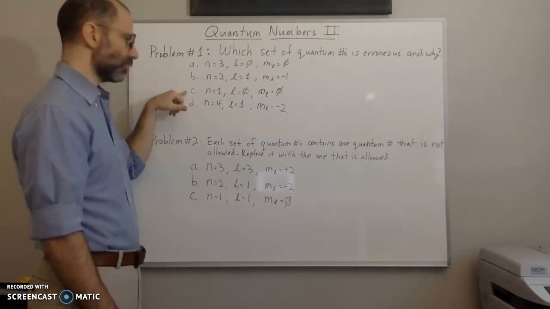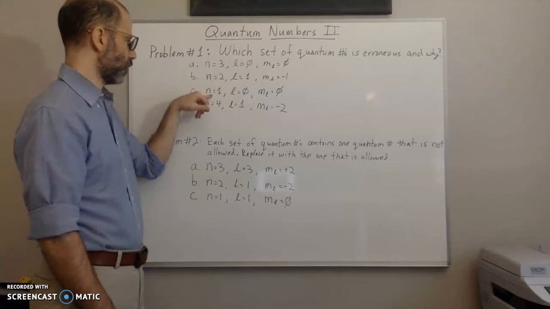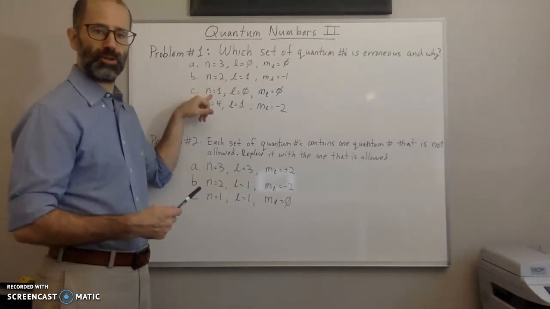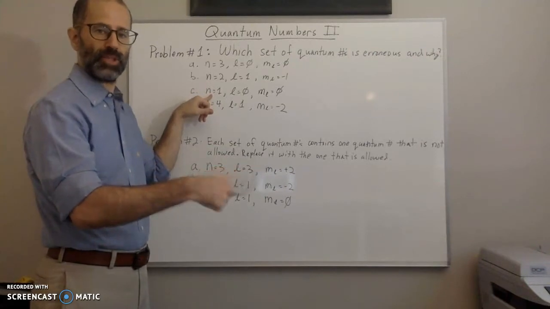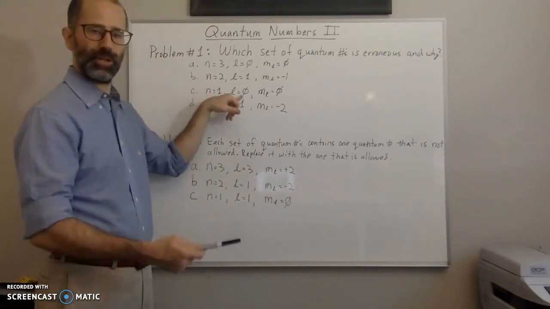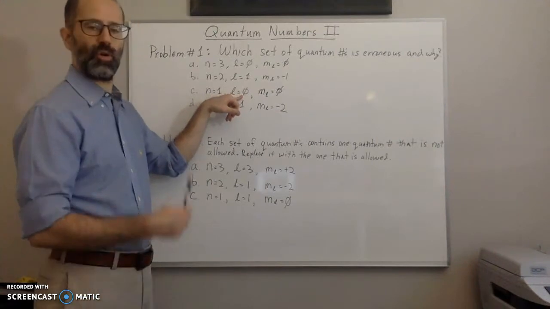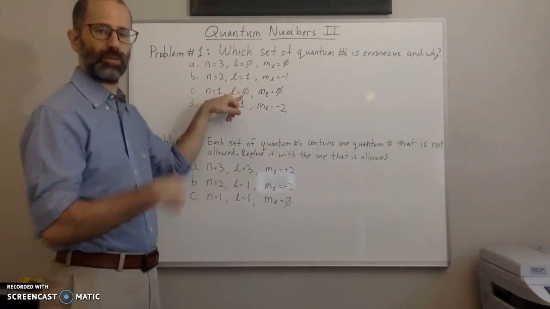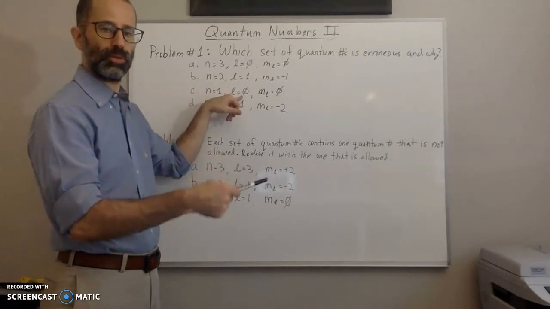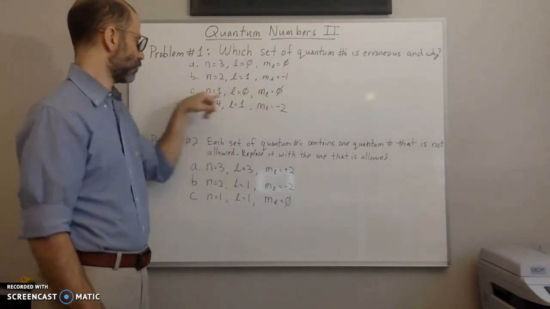C, n equals 1, so your L value can only go from 0 to n minus 1, which is 0. We have 0 here, so that fits. And then your m sub L value can only go from minus L to plus L, including 0. And we have 0 here, so this fits.